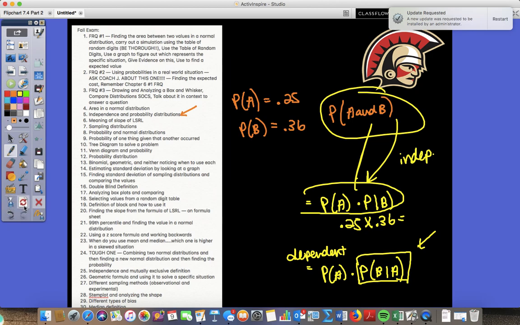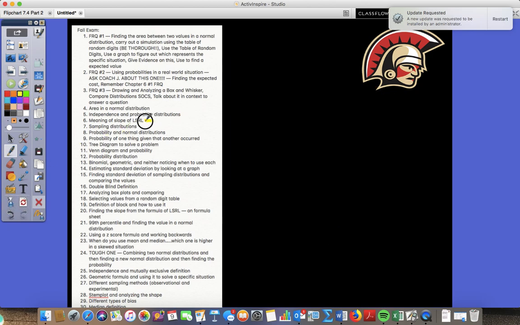The slope of the least squares regression line, I saw this a lot on number 6. Let's say we have y hat equal to 3.5x plus 3. We recognize that this is my slope and this is my y-intercept.